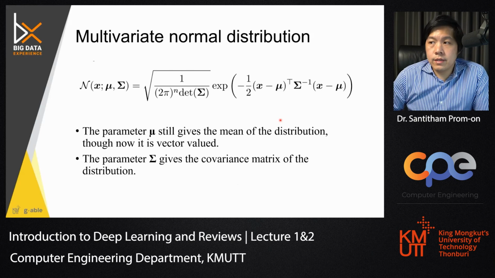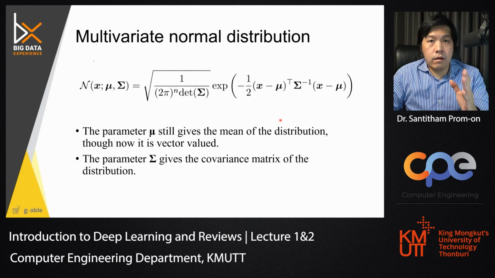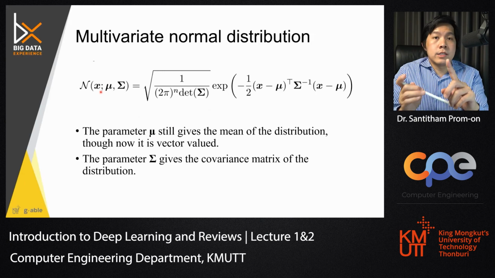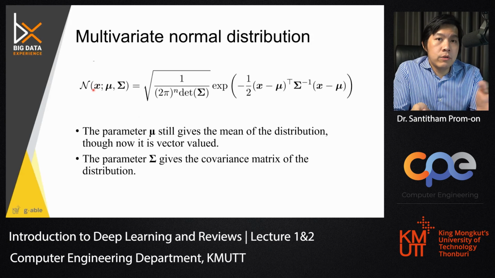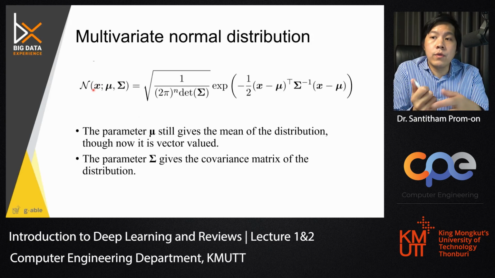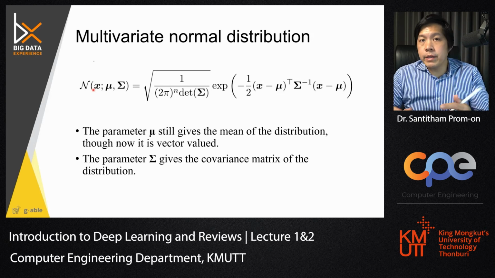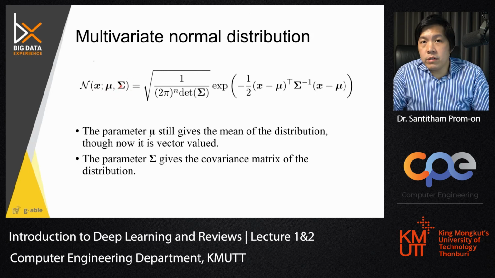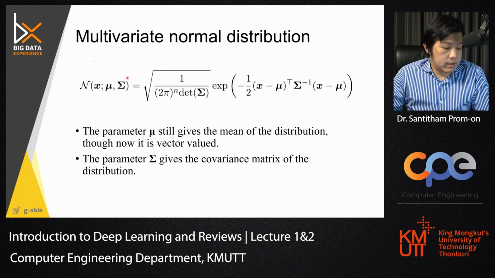Now consider the normal distribution when you have multiple variables, or let's put it this way, when you have a vector, not just one value. The distribution of the vector in the normal sense would be multiple normal distributions. That multiple normal distribution would have multiple means, a vector of mu, and has certain dependency, certain covariance between them.